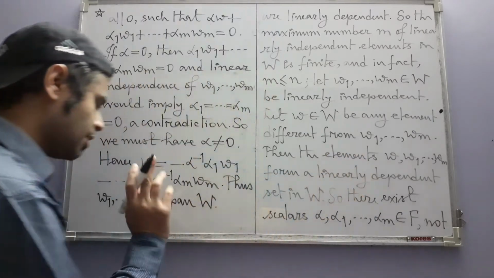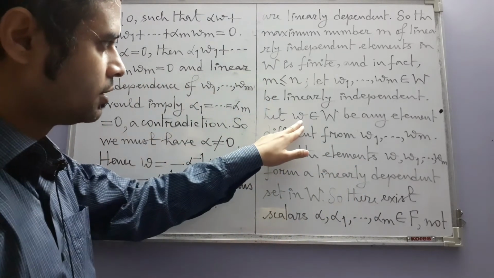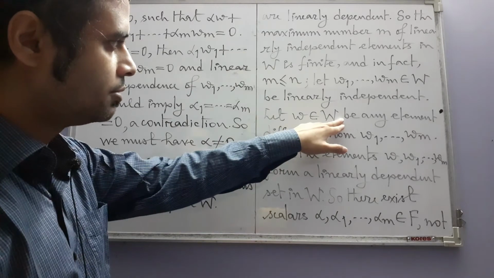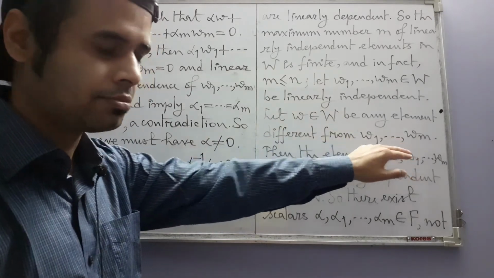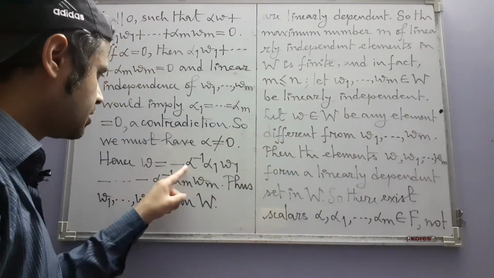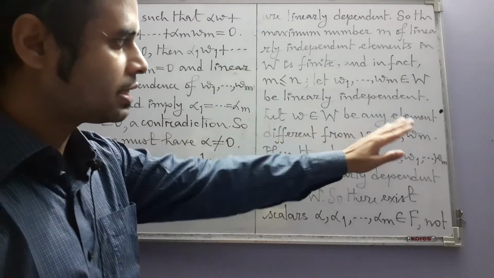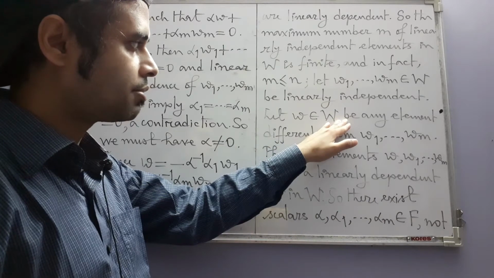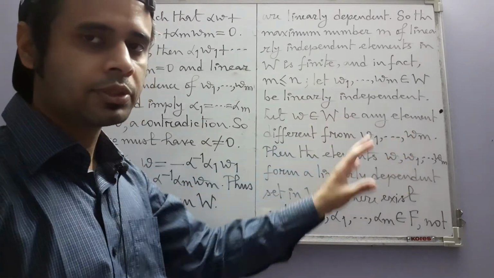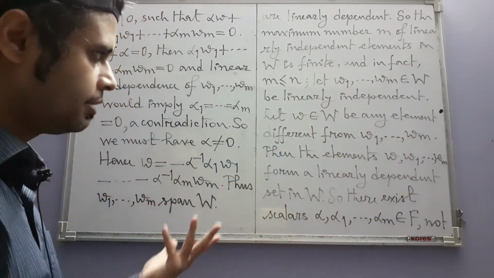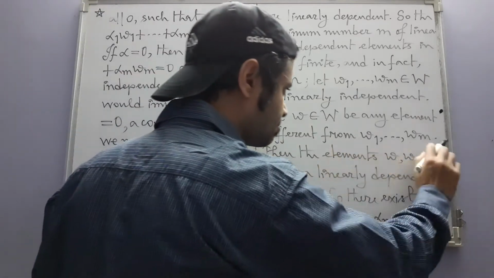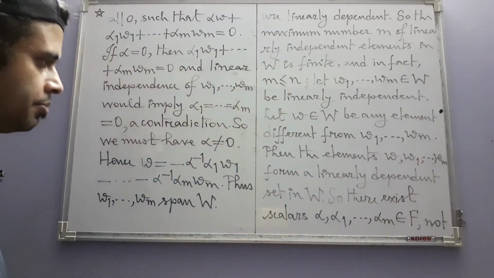Okay, now there is one more thing. Fine, we have chosen w in capital W different from the wi's, and such a w is a linear combination of the wi's. So the wi's span everything in capital W except themselves, but additionally they also span themselves in a trivial manner.